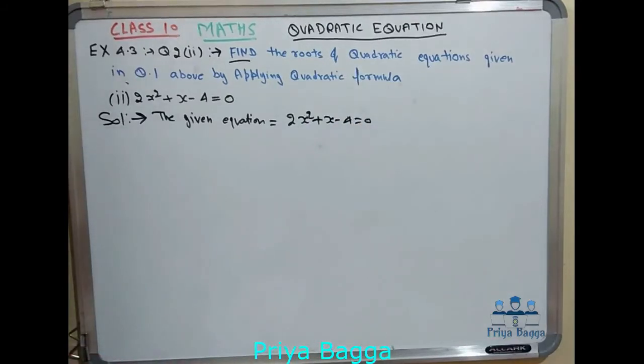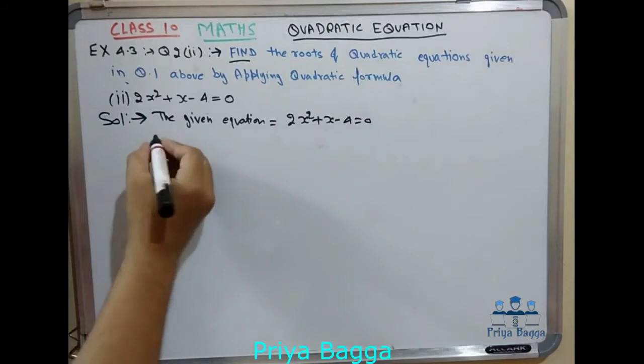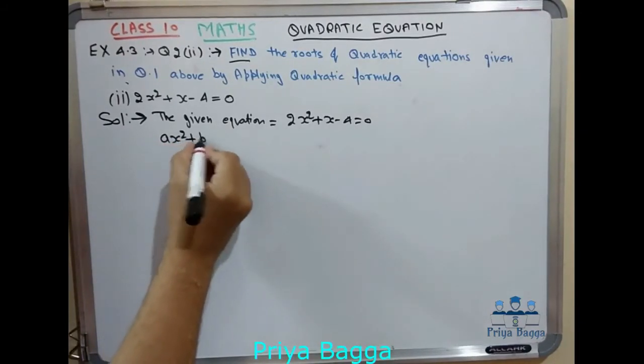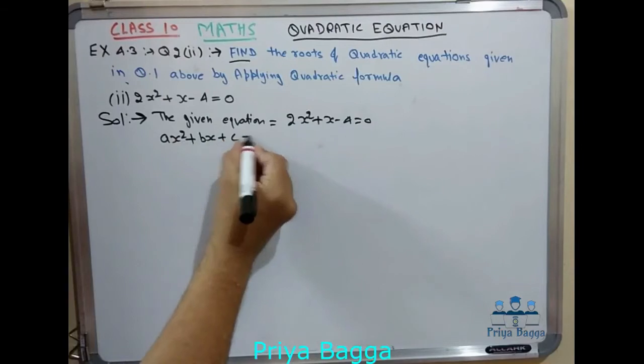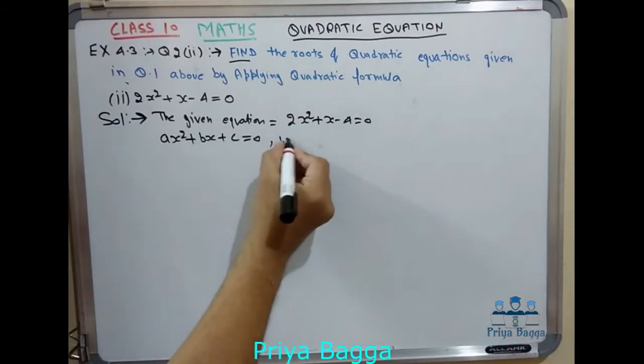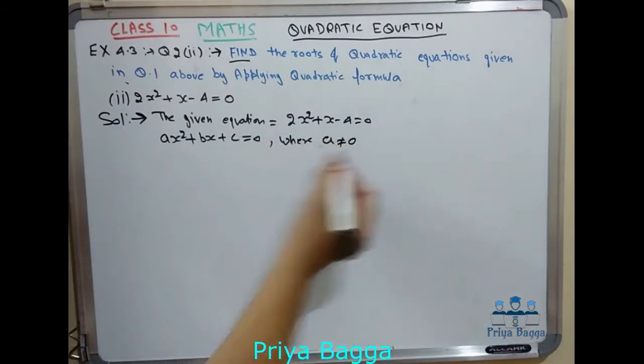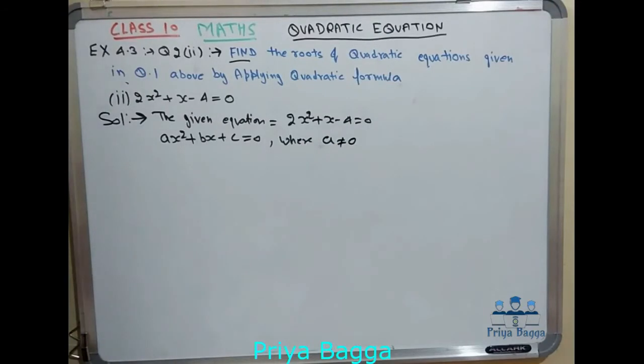Now we will compare this equation with the standard quadratic equation, which is given as ax square plus bx plus c is equal to 0, where a is not equal to 0 and a, b, c are real.